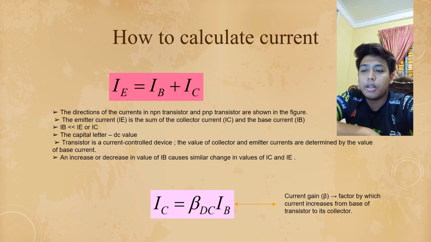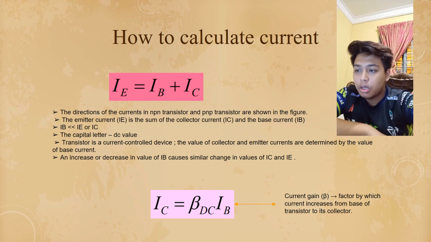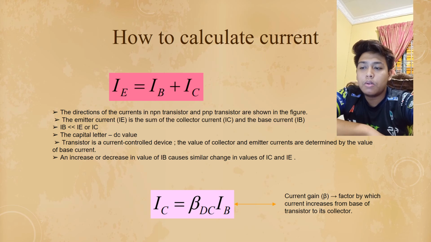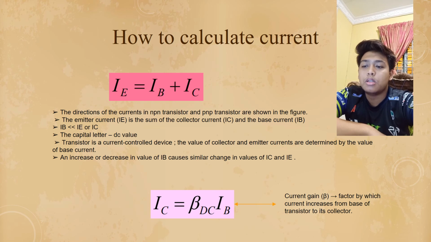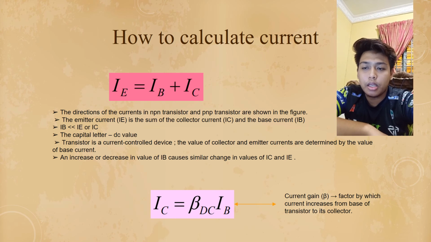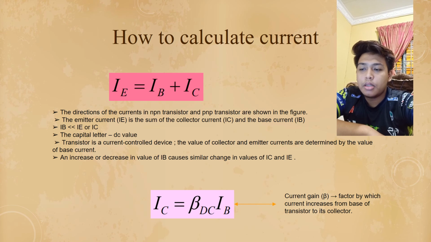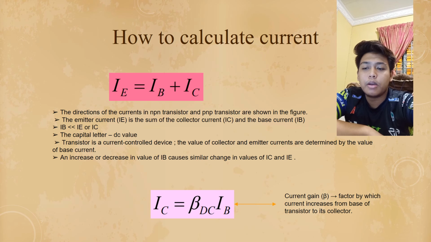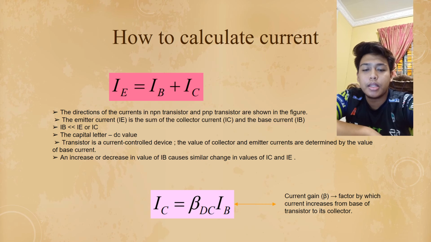The values of collector and emitter current are determined by the value of base current. An increase or decrease in the value of IB causes a similar change in the values of IC and IE. IC = βDC × IB. Current gain β is the factor by which current increases from the base of the transistor to its collector.